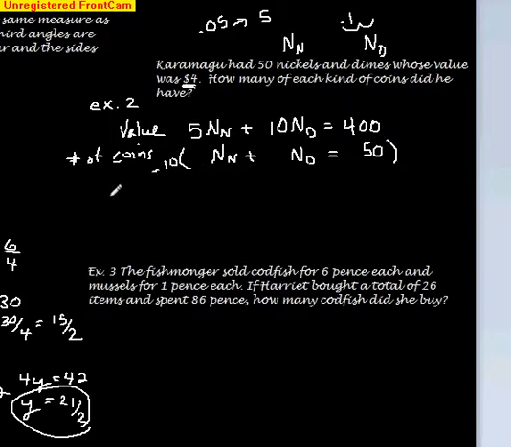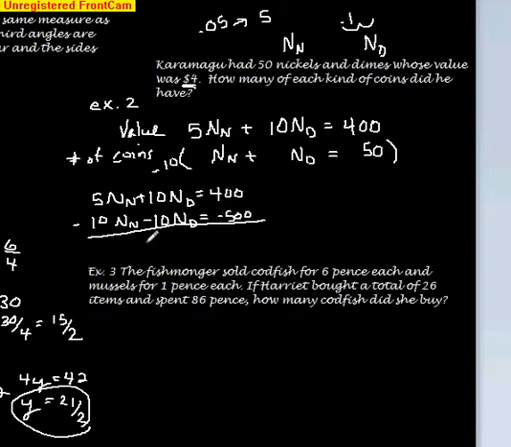I don't know if I'm going to fit this all in here either. So we have 5 times the number of nickels plus 10 times the number of dimes equals 400. And so that would give us negative 10 number of nickels minus 10 number of dimes. You could have easily done substitution here. Equals negative 500. And we're going to draw a line.